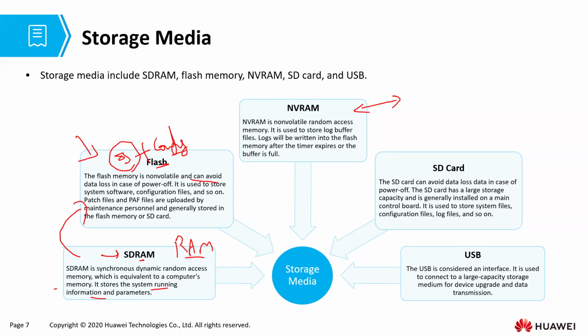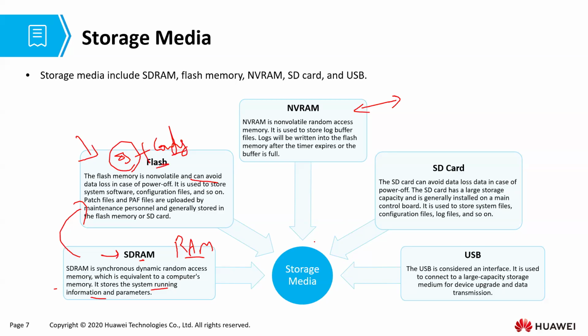Then we have the SD card and USB. I think those are external storages, with the SD card having a large storage capacity and generally installed on the main control board, used to store system files, configuration files, log files, and so on.